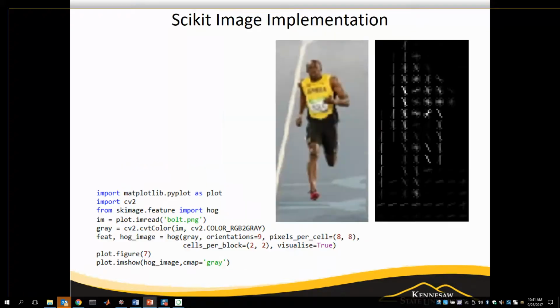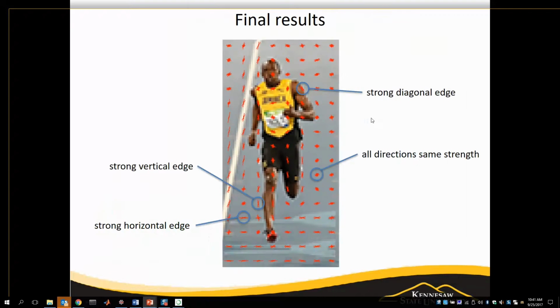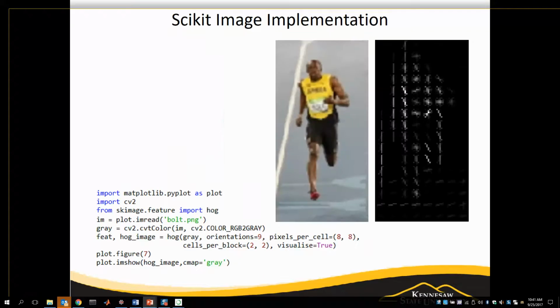You'll notice every direction has the same strength of red. The strength of the direction depends on how white it is. Here, all of the directions are the same; they're just so weak that you don't see them because they're black. So it's a little different in the way it's visualized on that web page versus what you get out of Scikit-image.